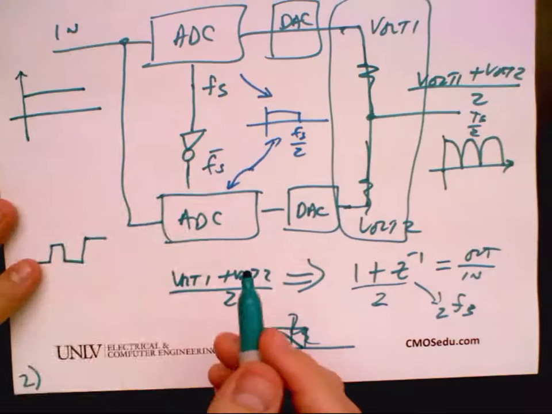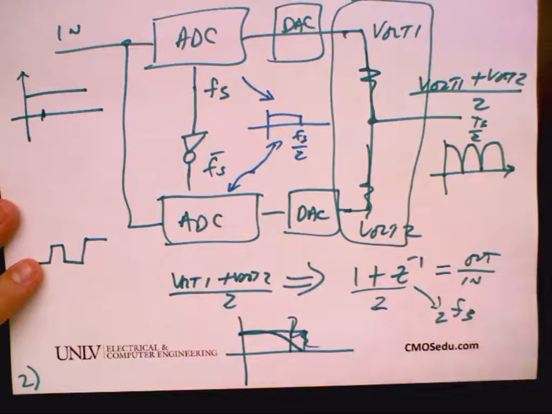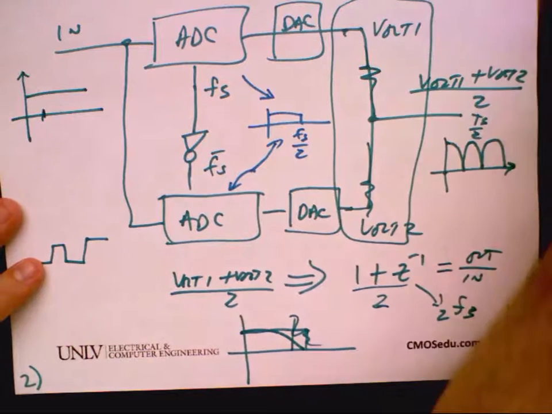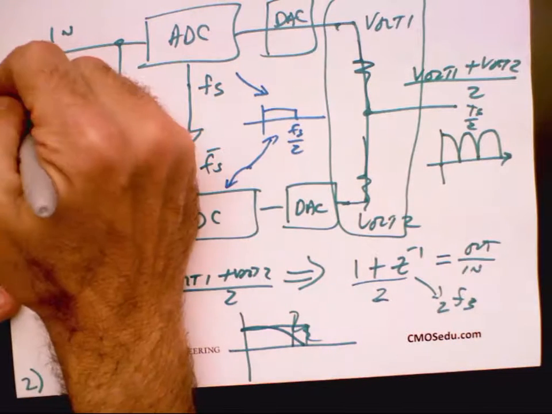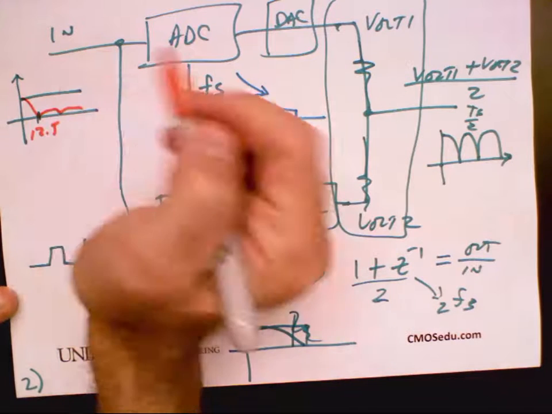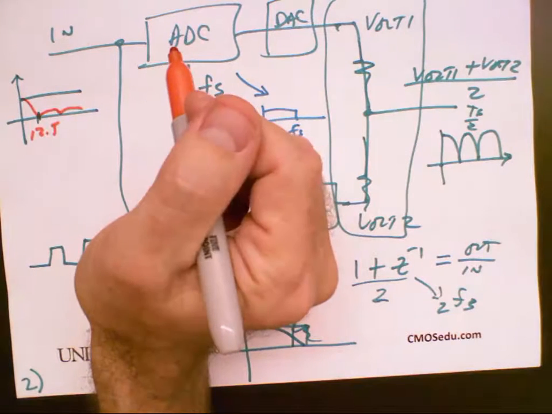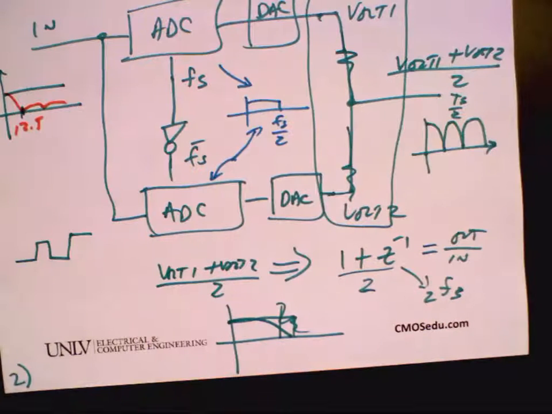But my bottom one has a comb filter, and so it's going to have zeros at 12.5 megahertz. So I'm going to get a spectrum that does something like this, and roll off because of the digital filtering, right? So if I add up the noise in that spectrum, I should get less noise.